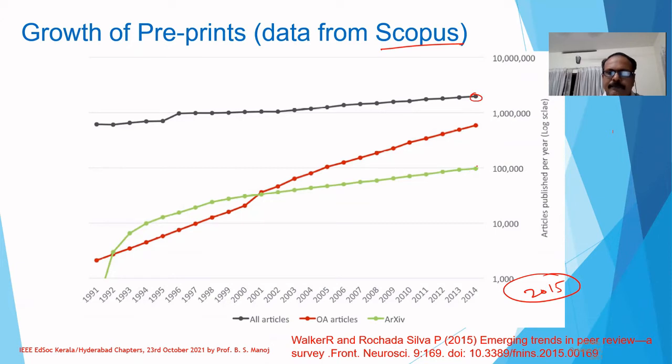After that, a vast majority of the papers have been open access papers, and about 100,000 papers were repositories in archive journals. So that shows the increasing usage of the preprint services and value that the authors receive because of that.